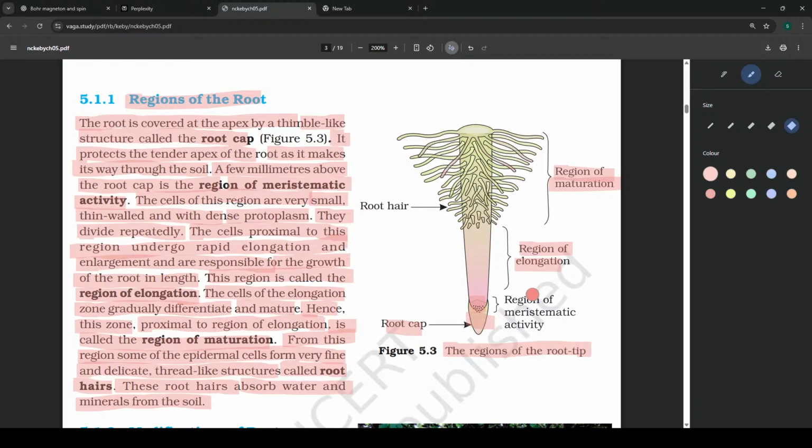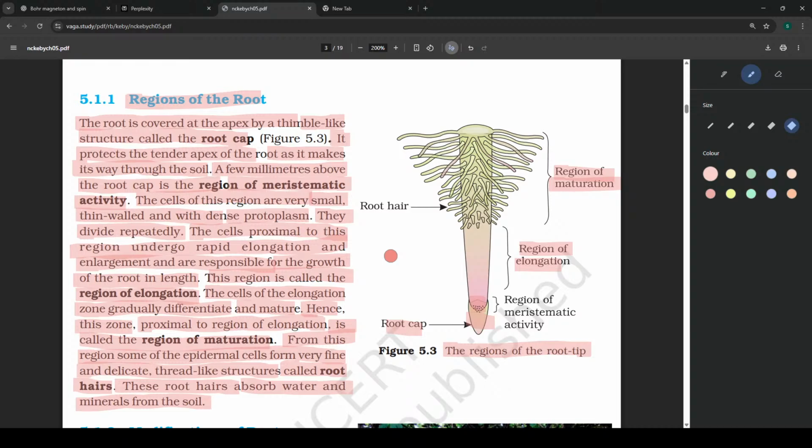What this root cap's function is, it protects the tender apex of the root as it makes its way through the soil. As the root is going into the soil, the apex of the root tip, that is the region of meristematic activity, is very tender.